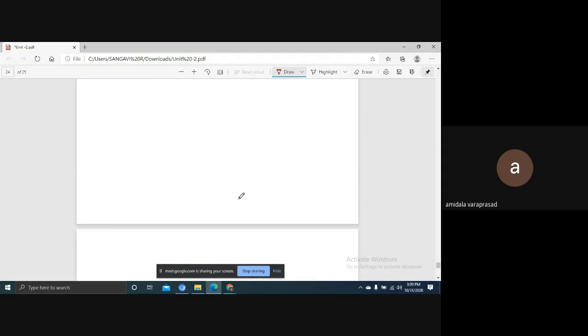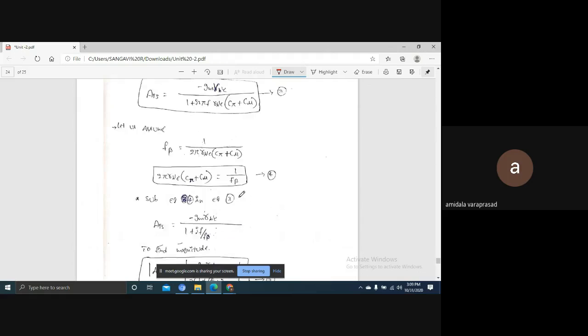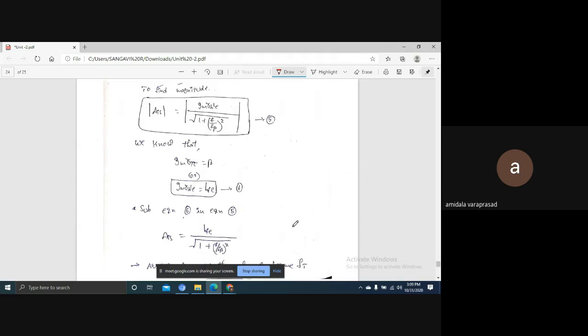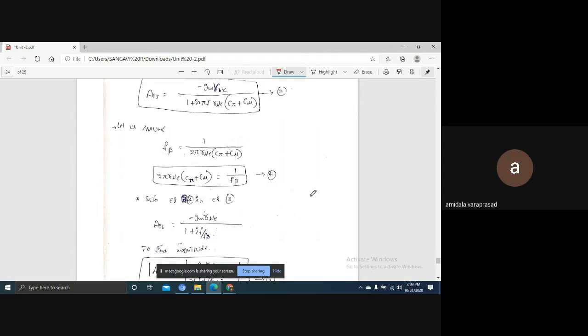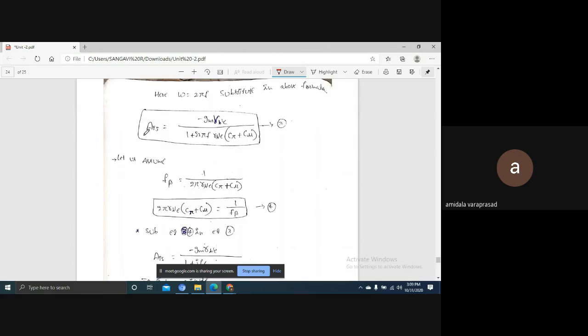This is about the short circuit current gain. If they ask only for the short circuit current gain, you can write up to here.